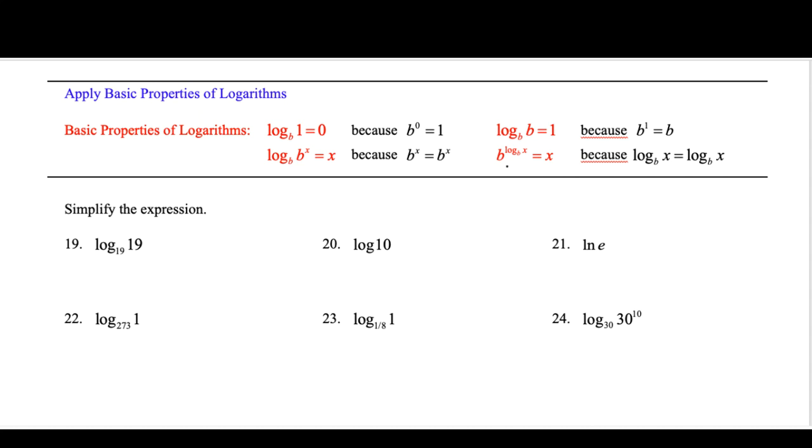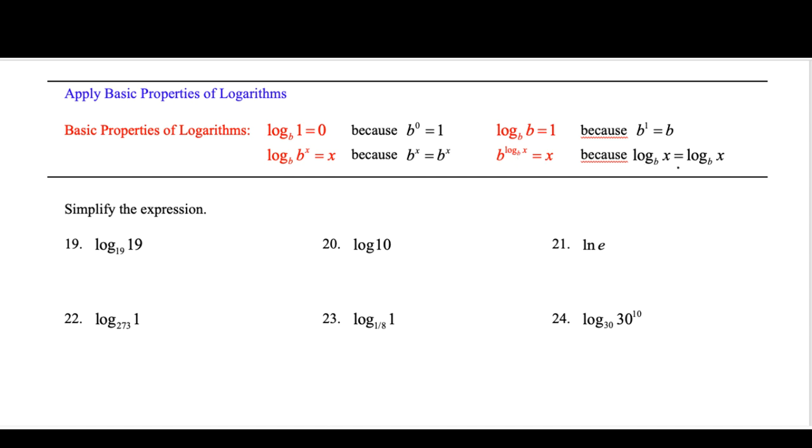B raised to the power of log base b of x is equal to x, right? So if the exponent is a logarithm with the same base as the exponential, the result is x. And that's because if you rewrote this in logarithmic form, we would get log base b of x is equal to the exponent, which is log base b of x, right?